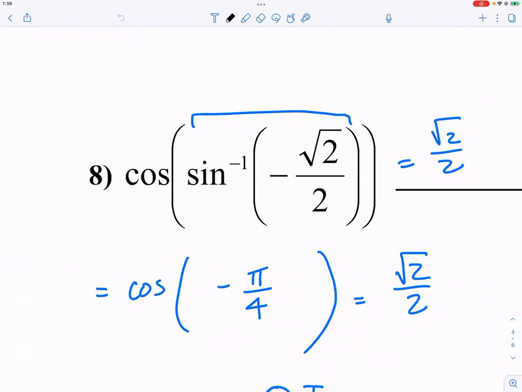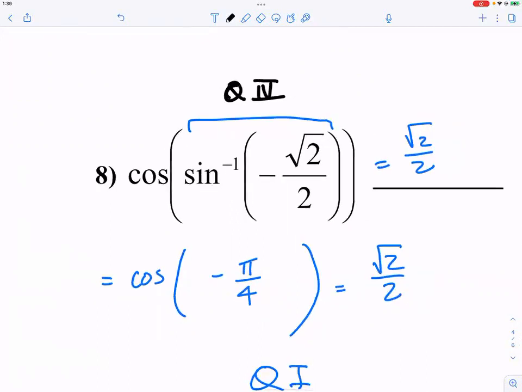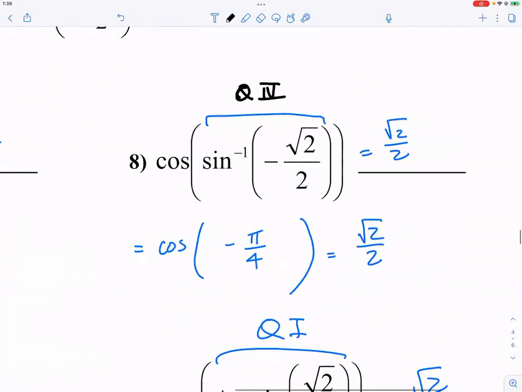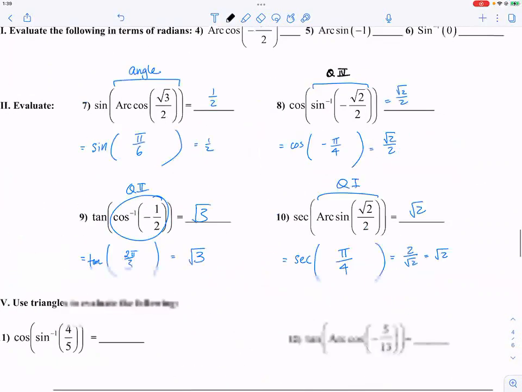If it's a negative ratio inside the inverse sine, that means it must be in quadrant 4. It's an angle sitting in quadrant 4, and cosine of that particular angle, which is negative pi over 4, will give you a positive value. That's how you know whether it's going to be a positive or negative value. You have to follow through the step-by-step thought process.